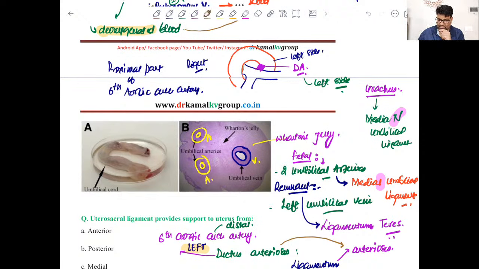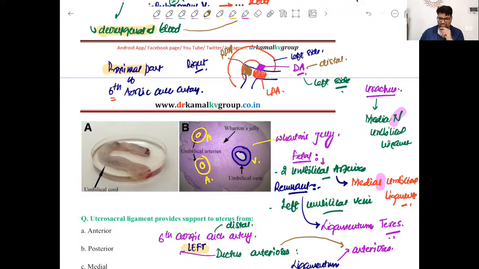So on the right side there is right pulmonary artery, and on the left side we have the left pulmonary artery, right? So sixth aortic arch proximal portion, right side right pulmonary artery, left side left pulmonary artery, and the distal part is forming the ductus arteriosus only on the left side, right?